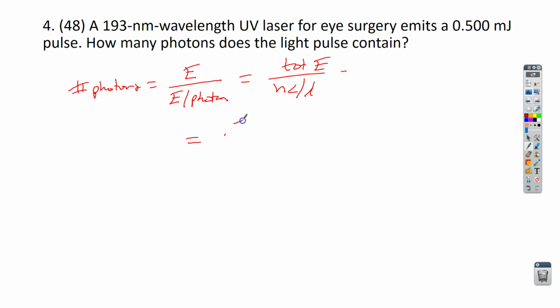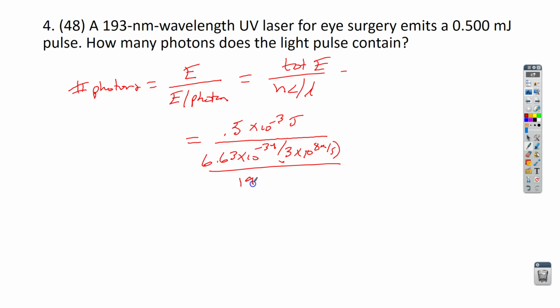So this is equal to 0.5 millijoules, 0.5 times 10 to the negative third joules, divided by h, which is 6.63 times 10 to the negative 34th, times 3 times 10 to the 8th meters per second, and then divided again by 193 times 10 to the negative 9th meters. If you do that math, you should end up with 4.85 times 10 to the 23rd photons.